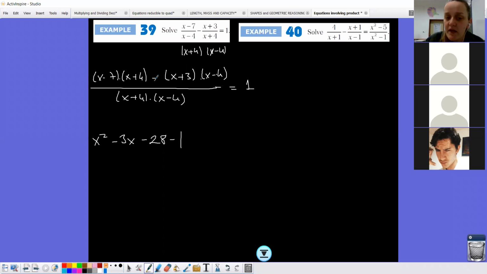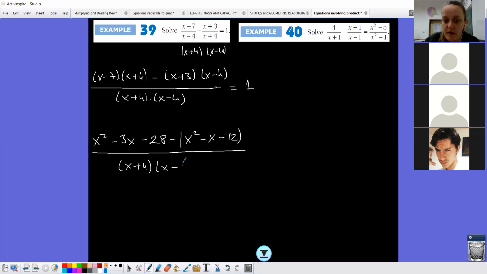Then because I have a minus here, I'm opening the parenthesis, then I will have x squared, then plus 3x and minus 4x, I will get minus x. 3 times minus 4 will be minus 12, over x plus 4 times x minus 4, is equal to 1.